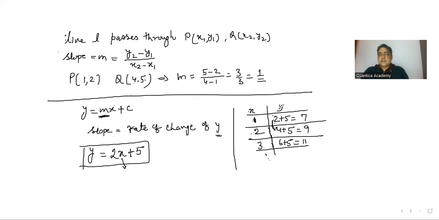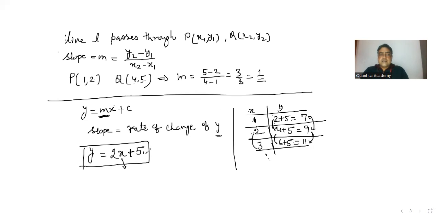Or you can see it from here also: this is 2, this is 2. So for each unit change in x, there is a change of 2 units in y. So that is what a slope practically tells us.